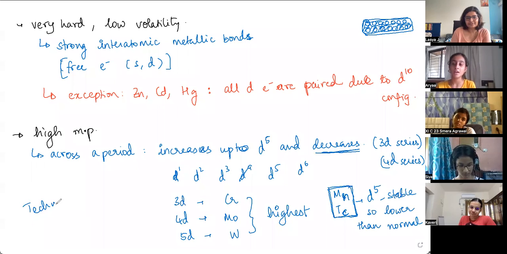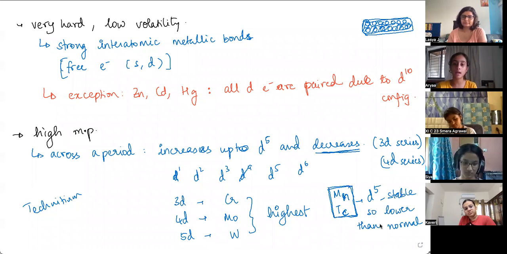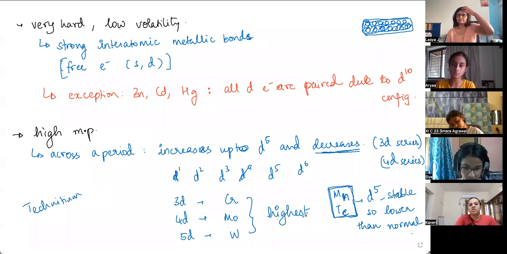But in the case of 5d, W is the highest and then it starts decreasing. So chromium, molybdenum, and tungsten are the highest. Tungsten is W.